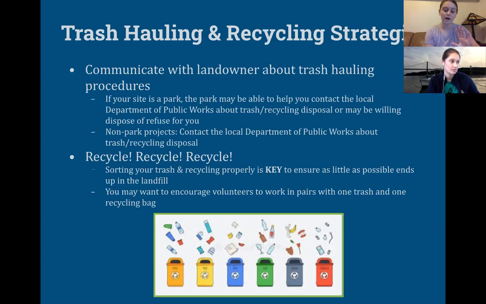So you can devise any system that works for you for making sure that recycling gets sorted out. So, you know, this could mean volunteers working in pairs could have one volunteer working on trash and one volunteer working on recycling, or you could sort people up into groups. Whatever system works best for you and the needs of your site, to ensure that we are recycling everything that can be recycled.